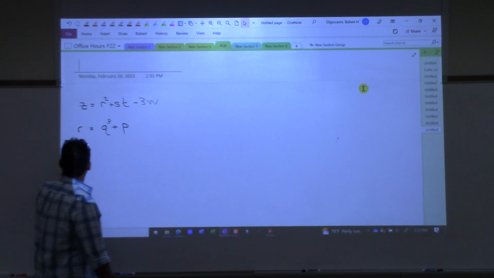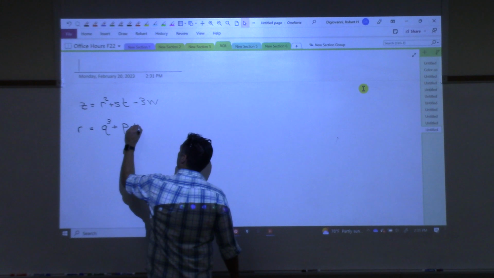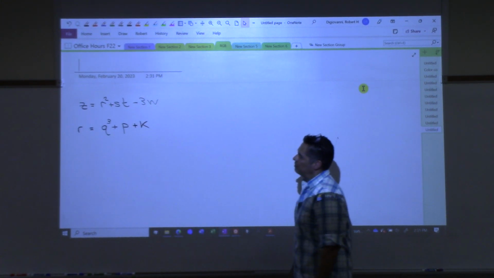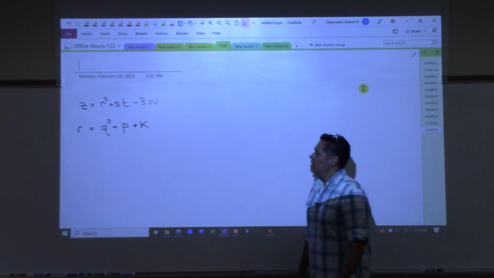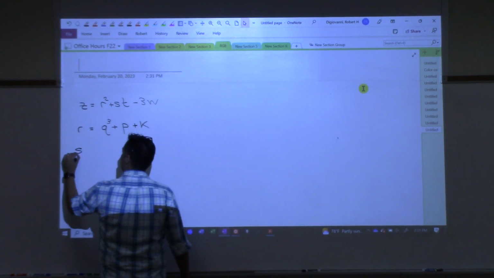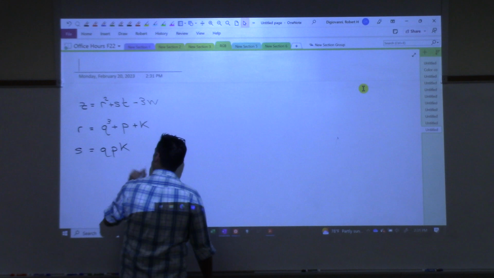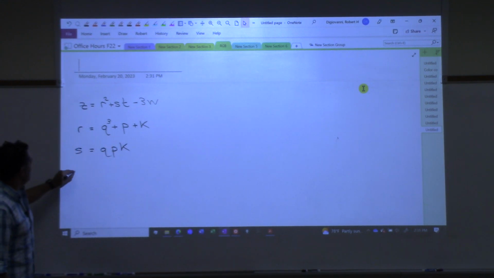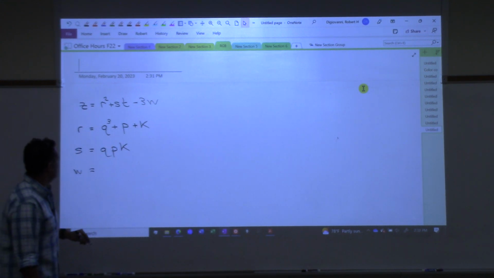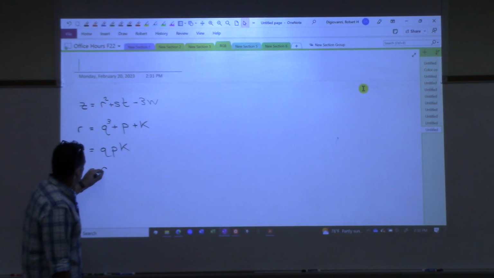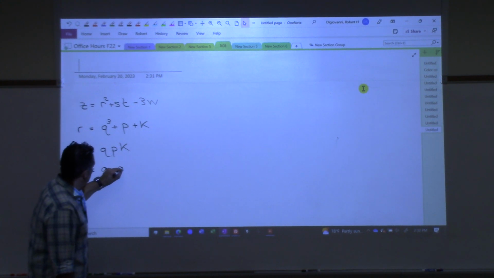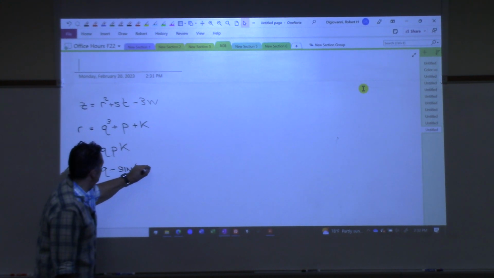And then, let's throw one more in there, plus k. There you go. And then I tell you that s is, let's keep it simple, q, p, k. And I tell you that w is q minus sine of p plus k.